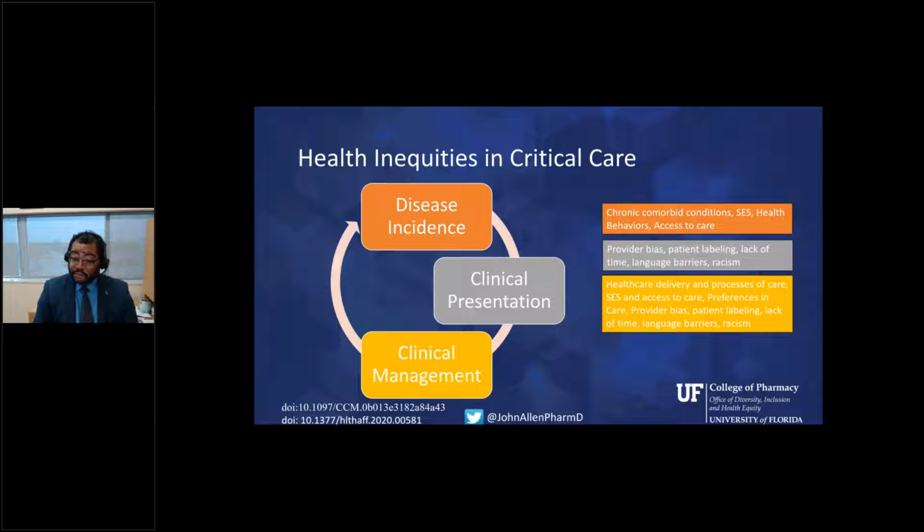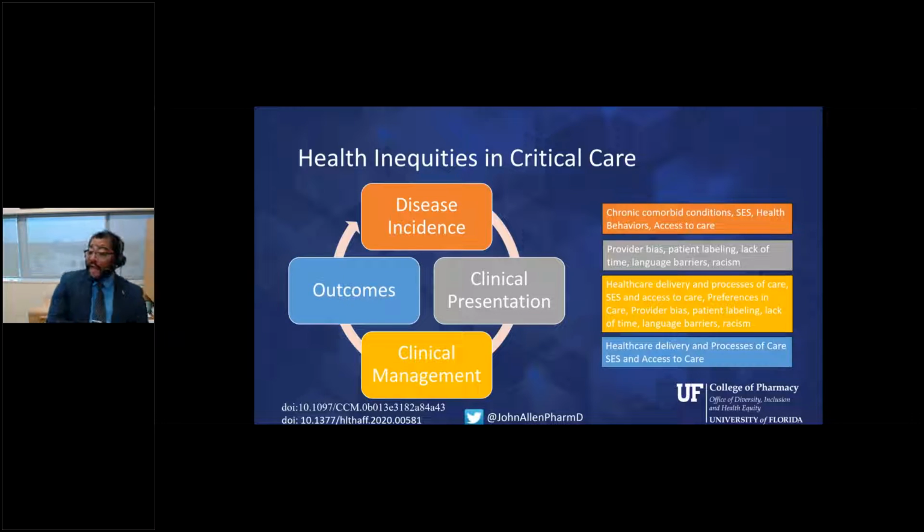Additionally, provider bias and language barriers and racism can also contribute to disparities in clinical management.